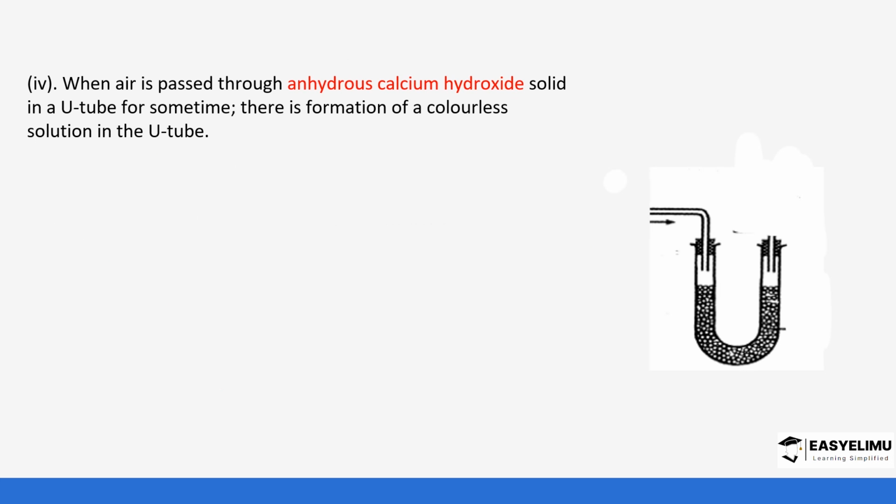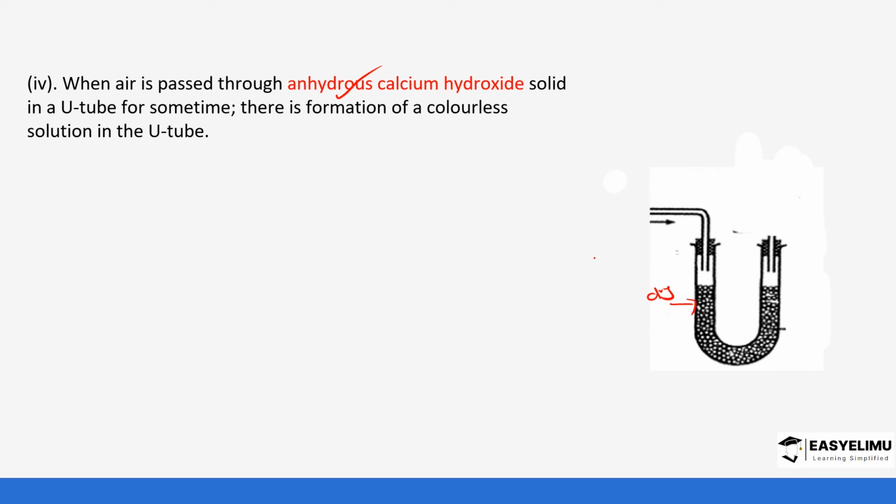If we continue looking at other compounds that absorb water moisture, another compound is anhydrous calcium chloride. This is usually one of the components used in the U-tube to dry gases.